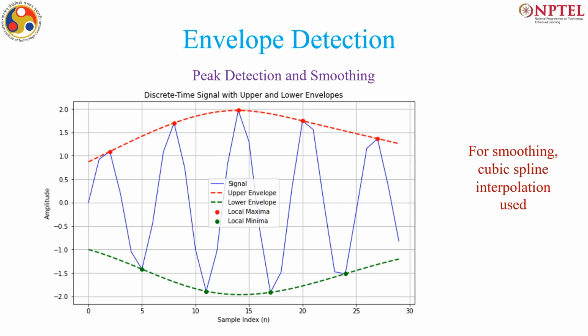So, this is a typical example where we have a signal which is represented by this blue curve, and using this, first we find the local maxima and minima. The red dots are the peaks, which are the local maxima, whereas the green dots are the local minima, and then the interpolation is done, and this interpolation is pretty smooth.